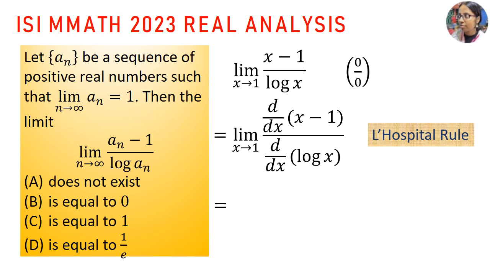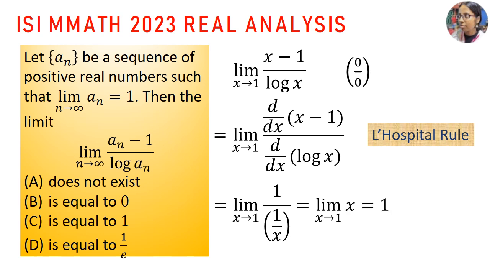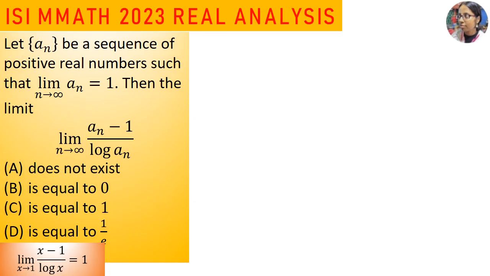So we have the limit as x tends to 1 of 1 upon (1 upon x), which is equal to the limit as x tends to 1 of x, which is equal to 1. So the limit as x tends to 1 of (x minus 1) upon log x equals 1.